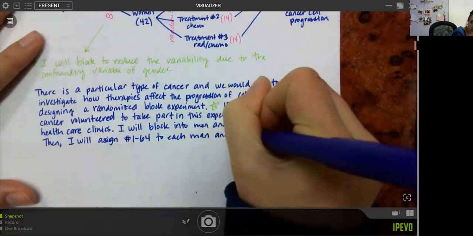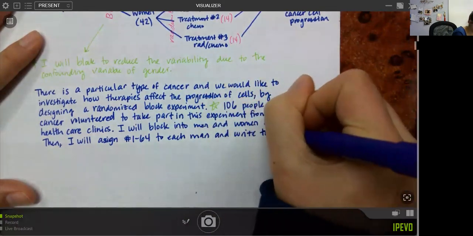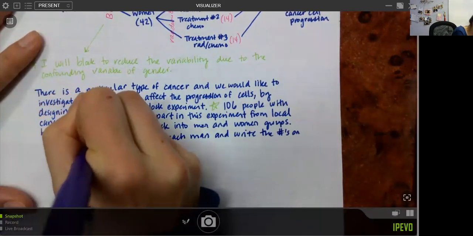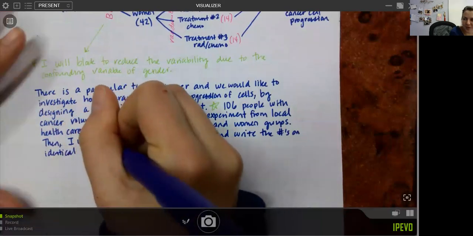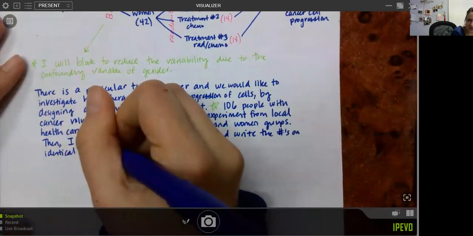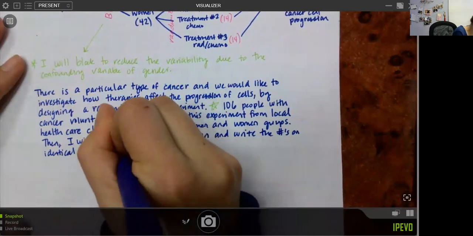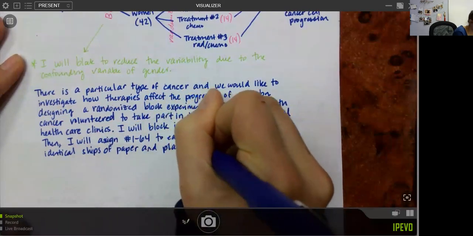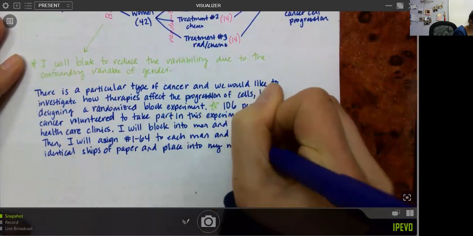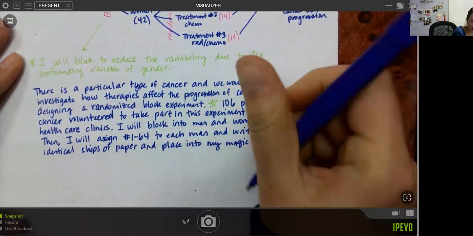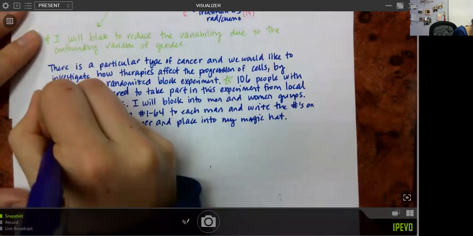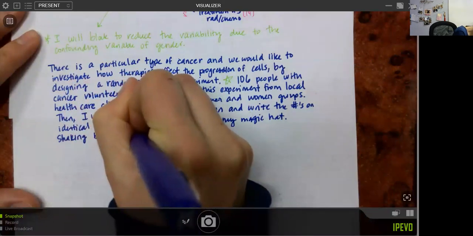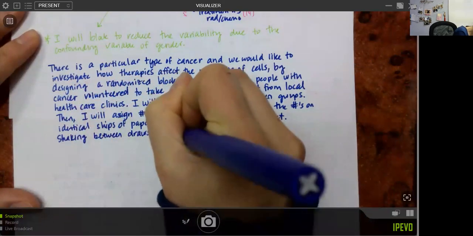And write the numbers on identical slips of paper. So I'm doing the magic hat. And place into my magic hat. Okay, now this is where I can use that fancy sentence. Shaking between draws and without replacement.